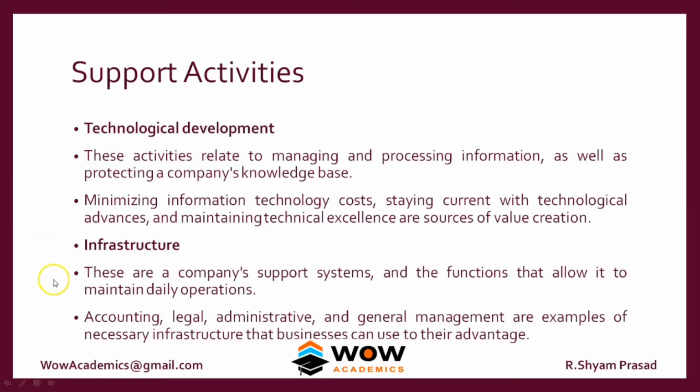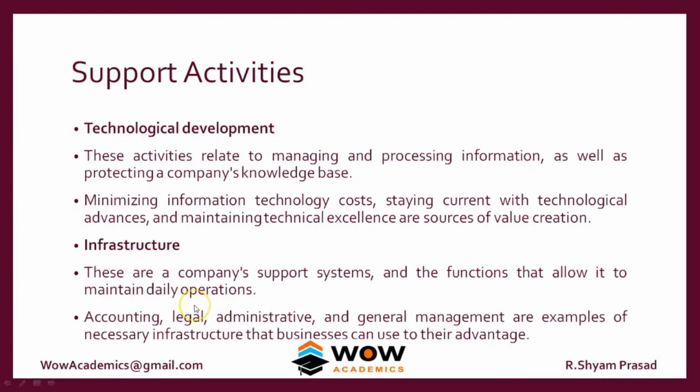Infrastructure, in detail, is a company's support systems and the functions that allow it to maintain daily operations. Anything that cannot be classified into any of the primary or support activities comes under infrastructure.